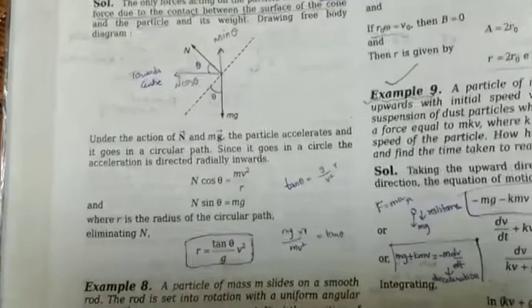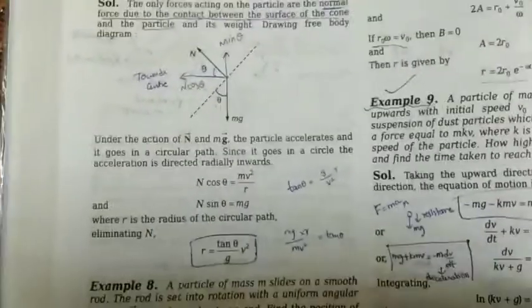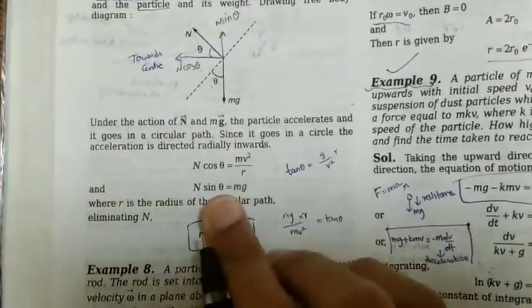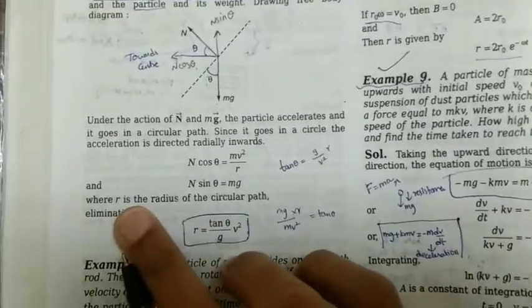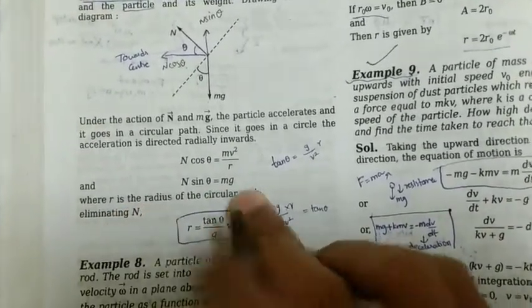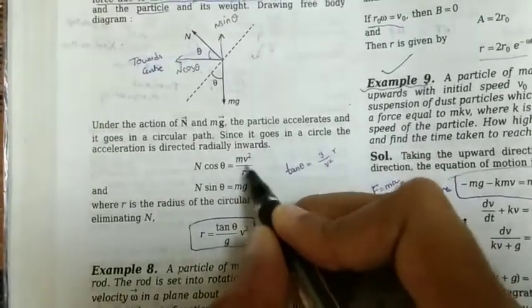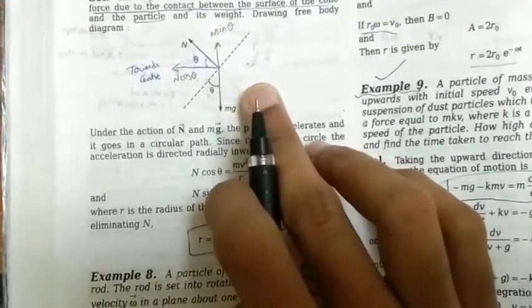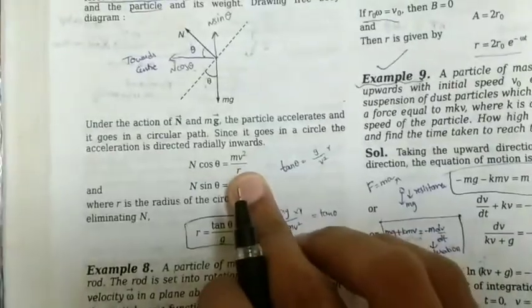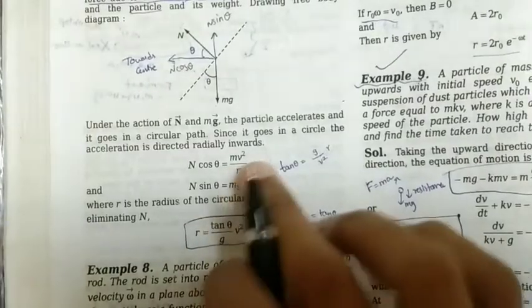Because it is in circular motion, n sin theta is equal to mg, and n cos theta is equal to mv square by r, where r is the radius of the circular path.